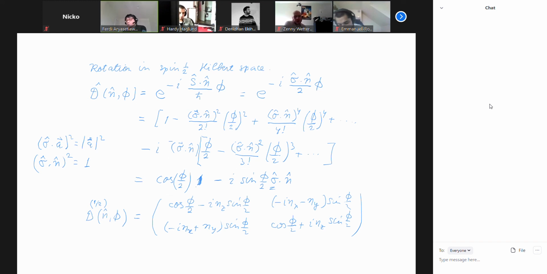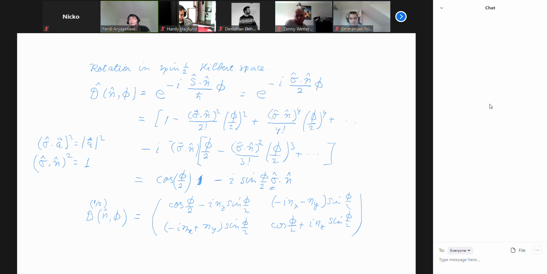So the rotation matrix has an infinite number of possible representations depending on which angular momentum states we use as the basis. This is the two-dimensional version, and that corresponds to spin half states. In general, we can choose other angular momentum states.